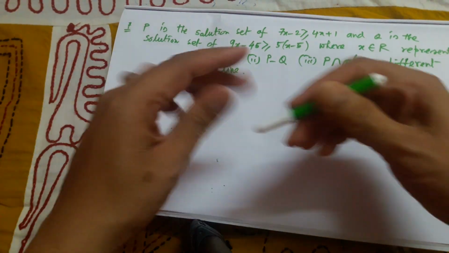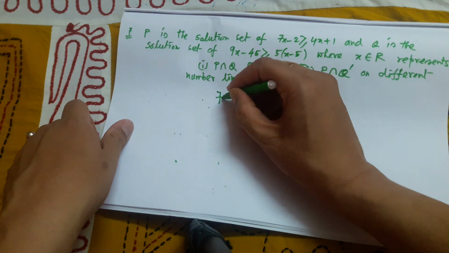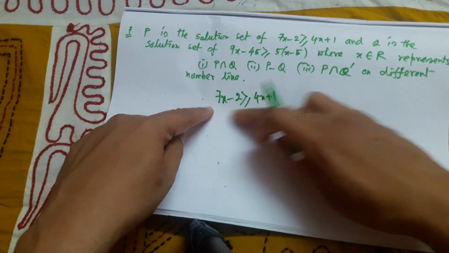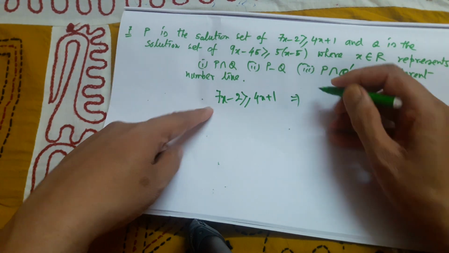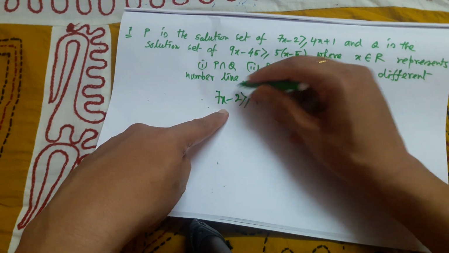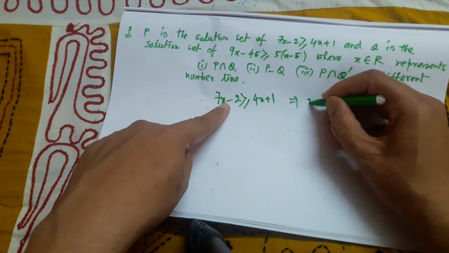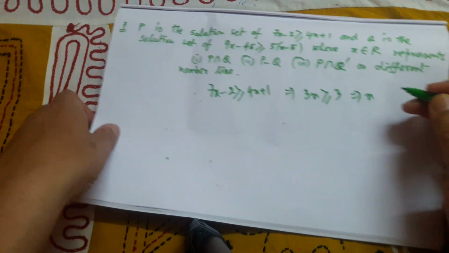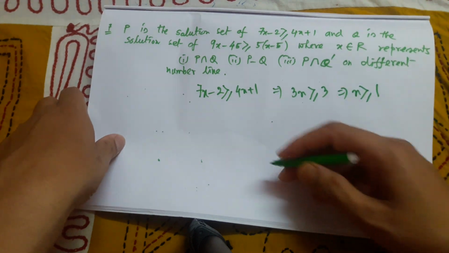So first 7x minus 2 greater than or equal to 4x plus 1. This means P. It implies 4x will be in the left hand side. So 3x greater than or equal to 3. It implies x greater than or equal to 1. Right?